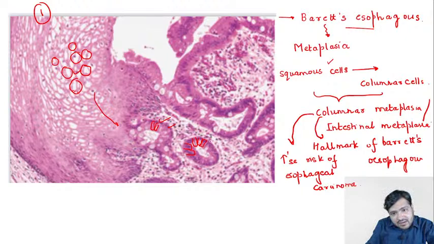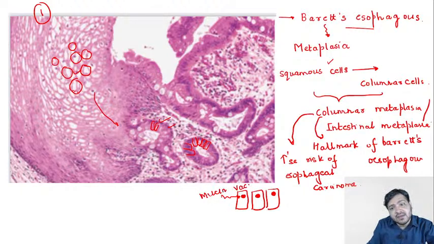See, these columnar cells are basically having vacuoles. These are the columnar cells. Just according to the shape, you can find some vacuoles just at the base of these cells, and these vacuoles are called the mucin vacuoles because they are filled with mucin.